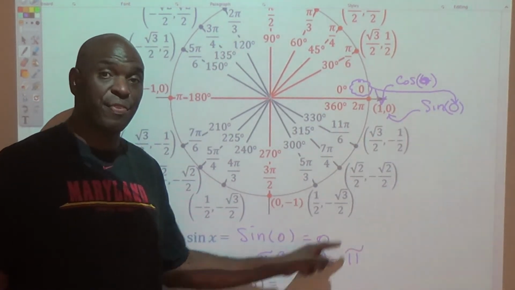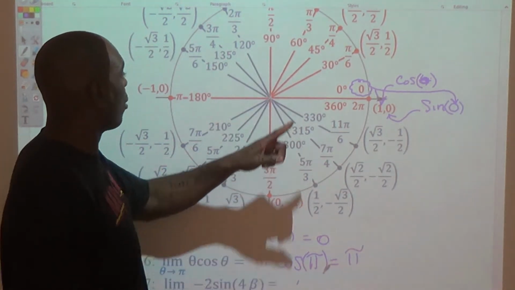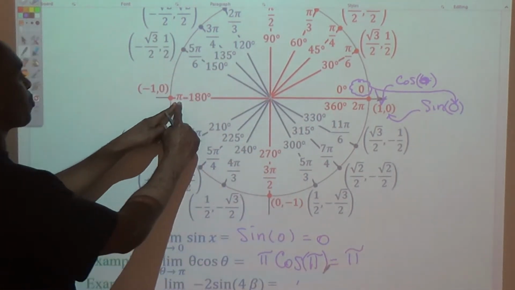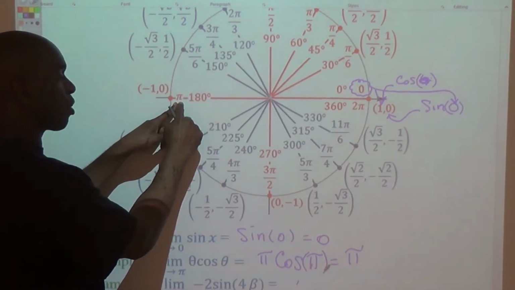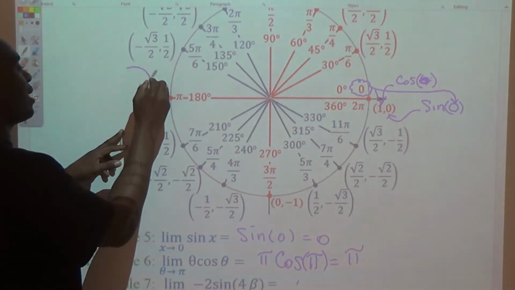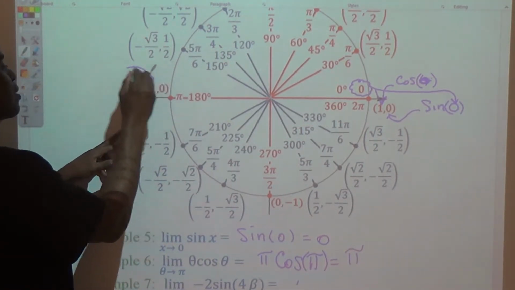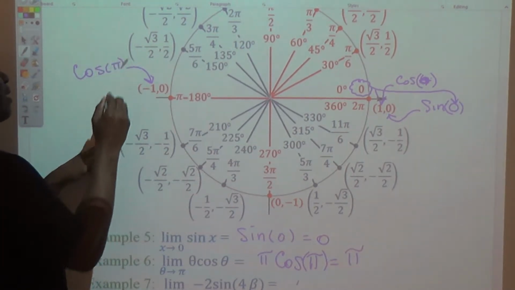Well, first, let's find pi on the unit circle. Oh, here it is. There's pi right there. So here's pi on the unit circle. And so this value right here, this is the cosine of pi.